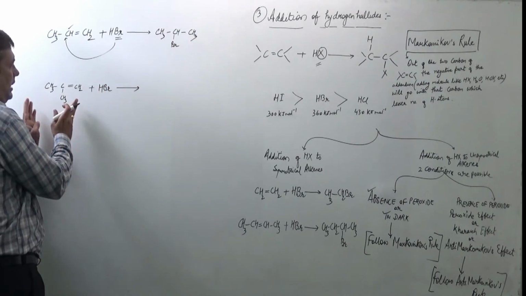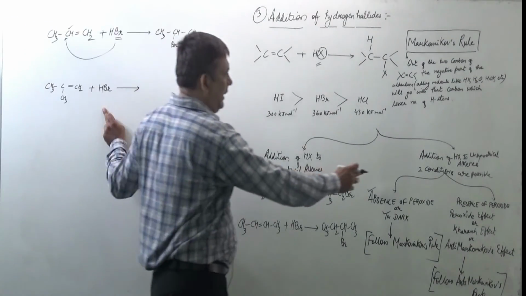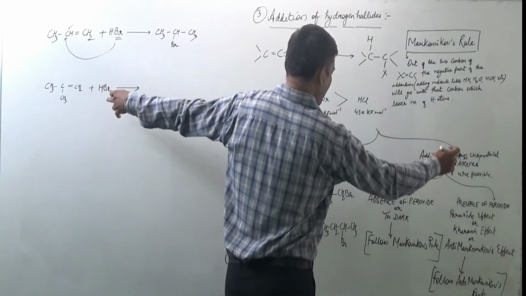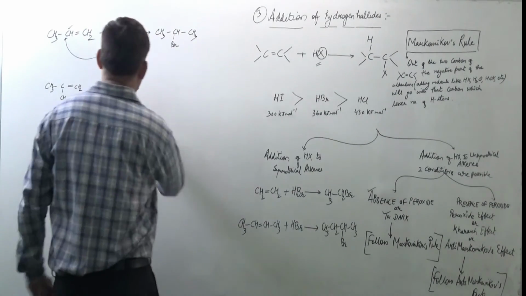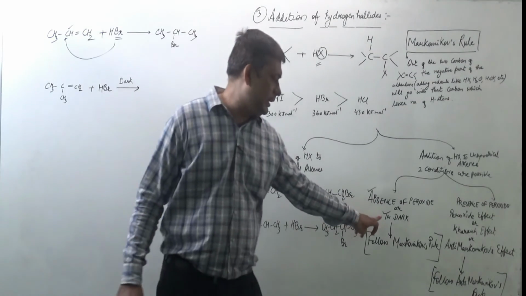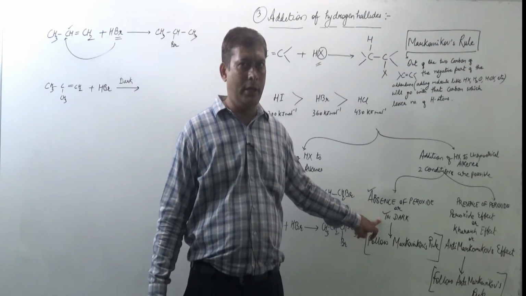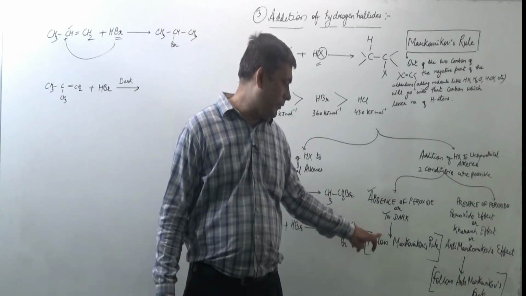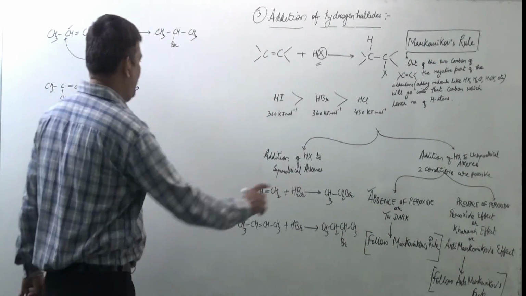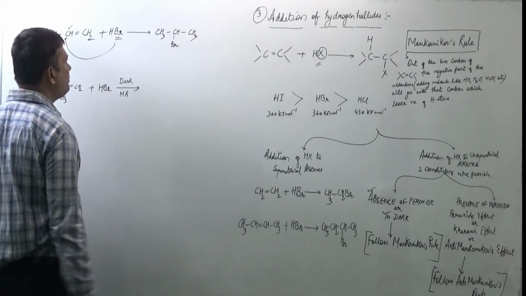See the condition, this is an unsymmetrical alkene, and this HX is added to the unsymmetrical alkene, and this reaction takes place in dark. We have to see the condition, the reaction is taking place in the dark. Okay, now we have to follow Markovnikov rule under this condition.